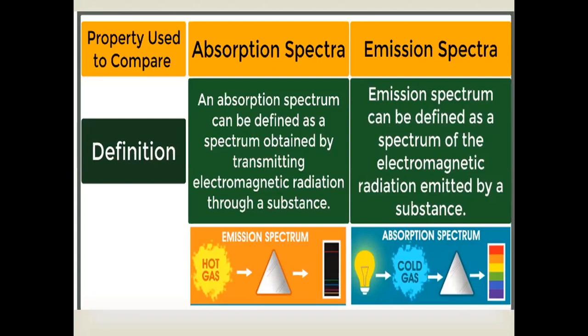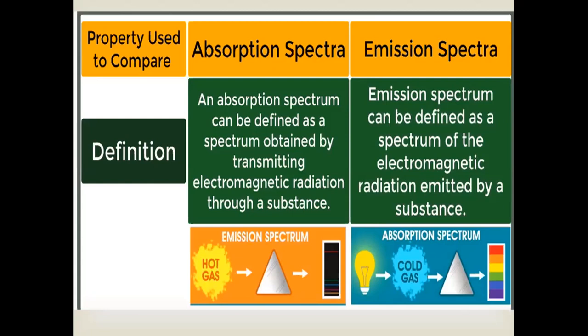Whereas in an absorption spectrum, the light is allowed to pass through a medium or an absorbing substance. Then the spectrum is obtained and that is known as an absorption spectrum, and it is a characteristic of the absorbing substance. The spectrum gives us the characteristics of the medium through which the light passes.